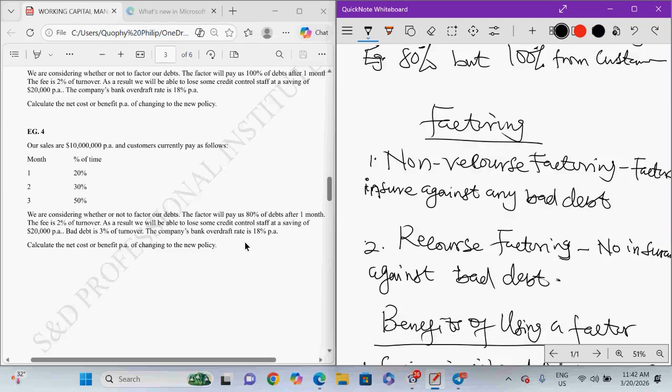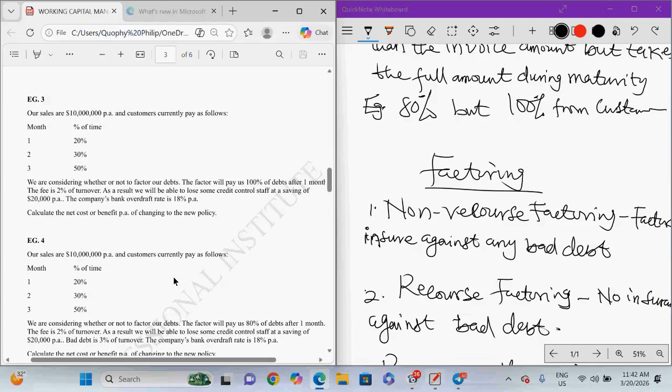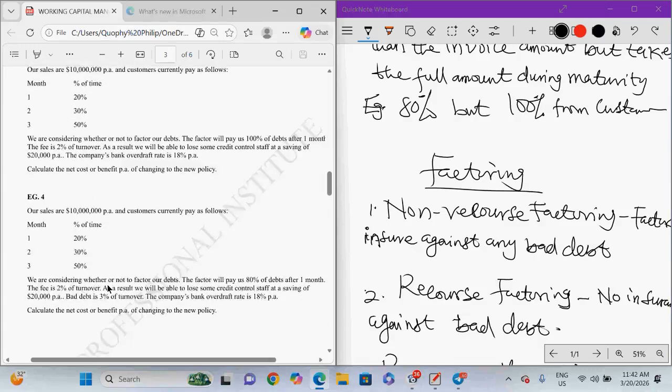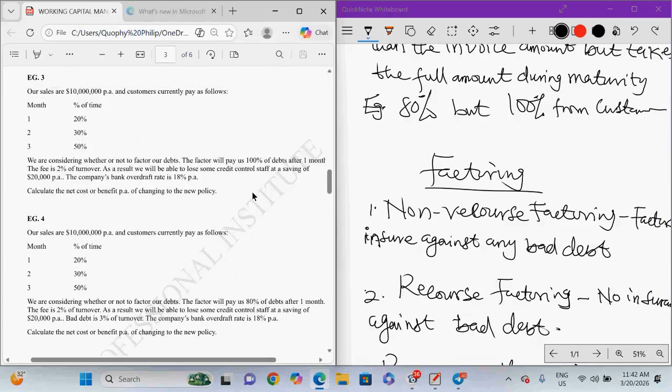So aside from these changes, question 4 is the same as question 3, except the changes that I've made, which is the 80% here, whereas here it's 100%. So 100% times 1, and we did that from the previous calculation. When you come here, it's 80% times the 1, and the remaining, they didn't tell us when it will be paid.